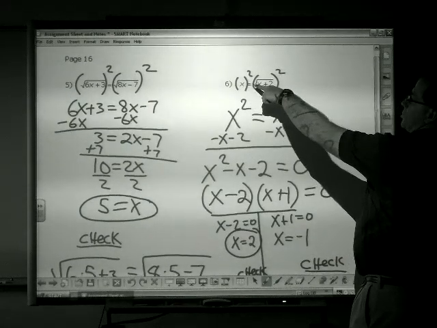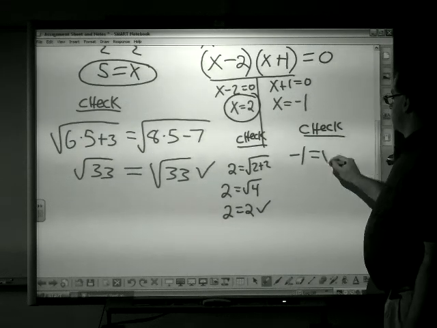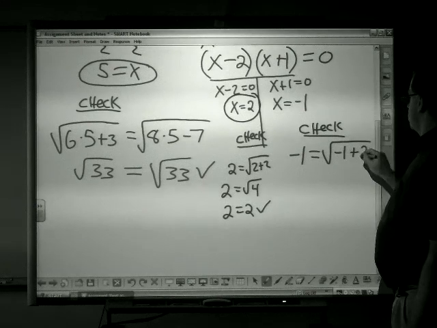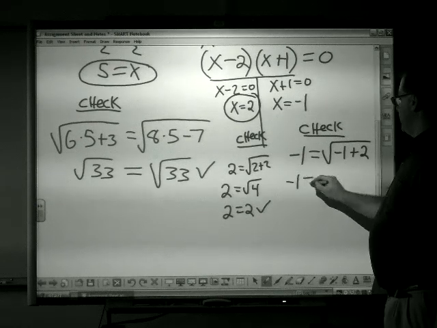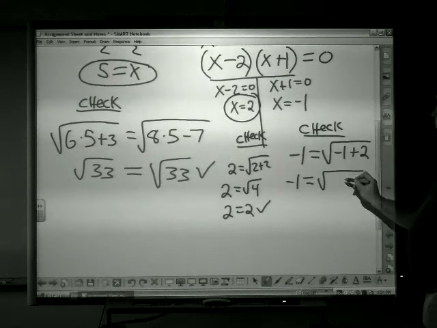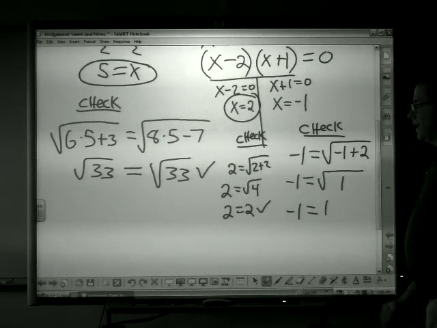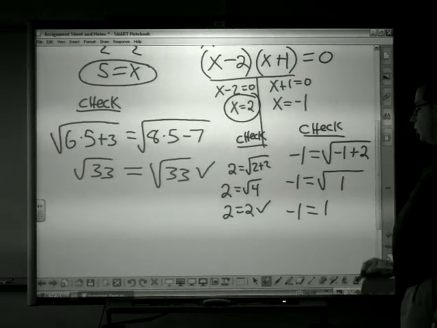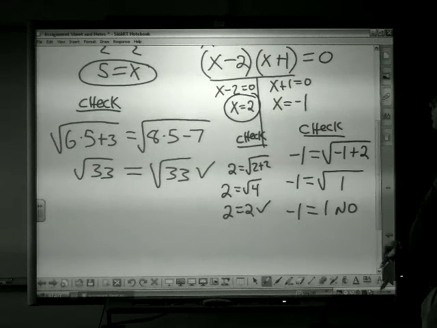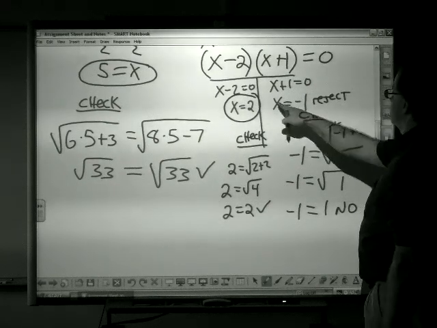Negative 1 equals the square root of negative 1 plus 2. Negative 1 equals the square root of, well, a negative 1 add 2 is 1. The square root of 1 is 1. Does negative 1 equal 1? No. No. So we will write reject next to this answer.